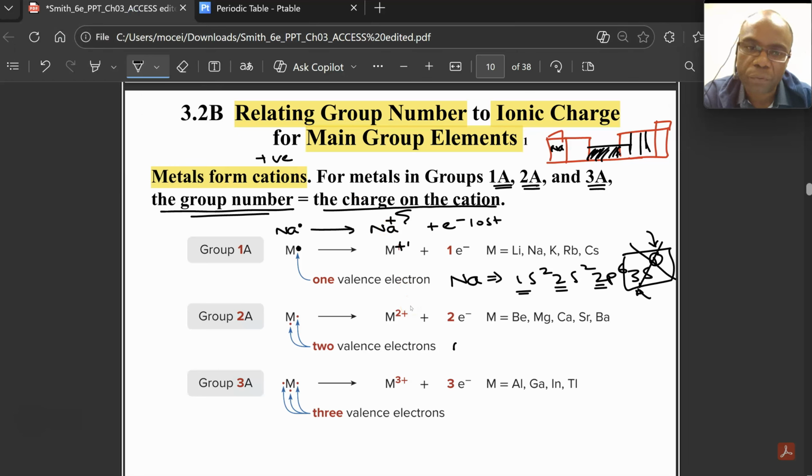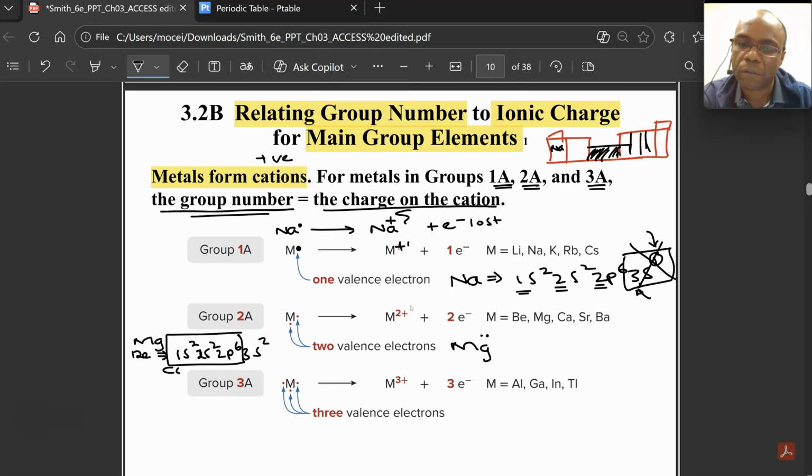Group 2, we can use the example of magnesium. Magnesium has a valency of 2. Remember, magnesium has 12 protons, so it has 12 electrons, and we can write the electronic configuration as 1s2, 2s2, 2p6, 3s2. The filled ones are called core electrons or core shells, and these are the valence. It's easier to lose the 2 electrons than gain 6 more to get an octet.